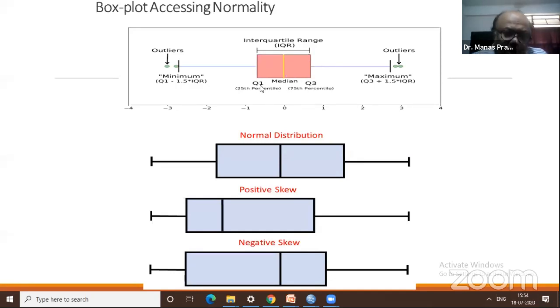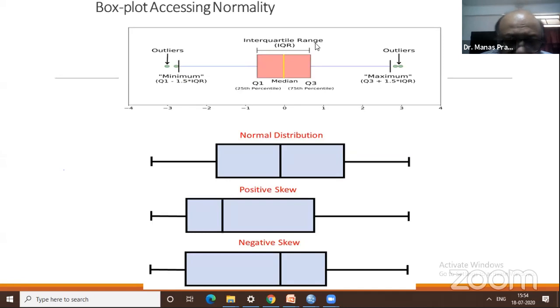I think you know about quartiles. Quartiles are a measure of dispersion. Now, from Q1 down, this is called a whisker. From here to here, and from here to here, these are called whiskers. The whiskers are calculated as follows: the lower one is Q1 minus 1.5 times the interquartile range.